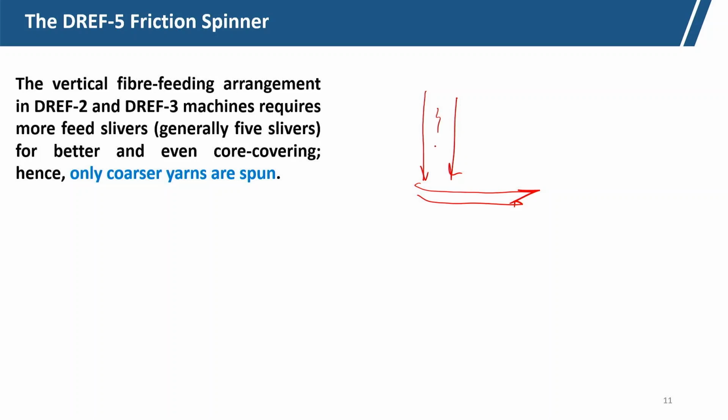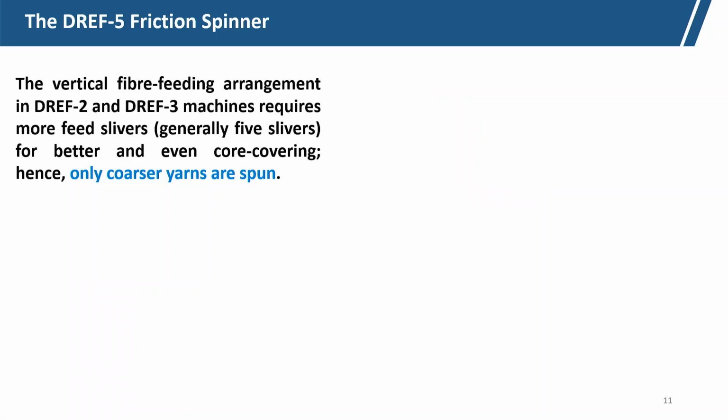So, fibers are falling from the top, say for the sheath in case of DREF 3 and DREF 2, and then suddenly there is a sharp change in direction at a right angle, which results in buckling of the fiber. So, that was the problem in DREF 2 and DREF 3.